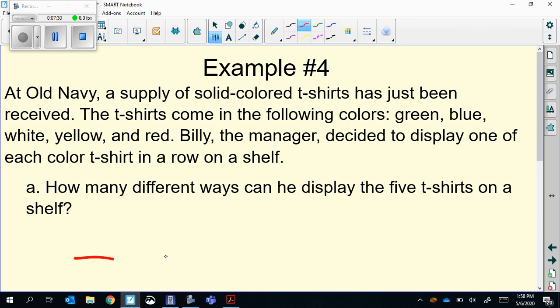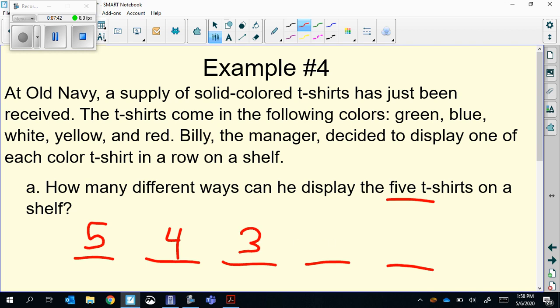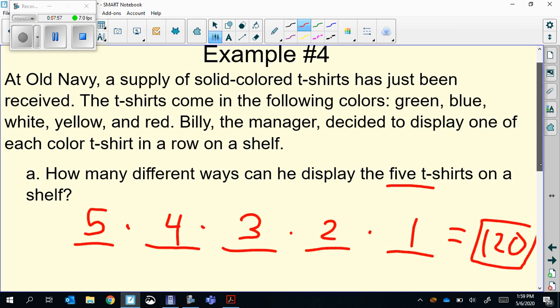He wants 1 of each, so that means he's going to be putting 1, 2, 3, 4, 5 shirts. The first one, he could have any of the 5, but then he's not going to repeat. So then it goes down by 1 each time, and we get 5 times 4 is 20, times 3 is 60, times 2 is 120. 120 different ways to arrange the shirts.